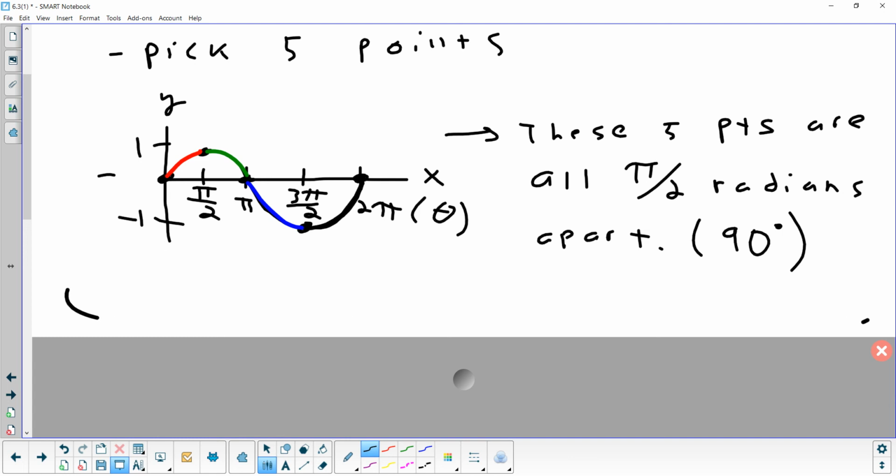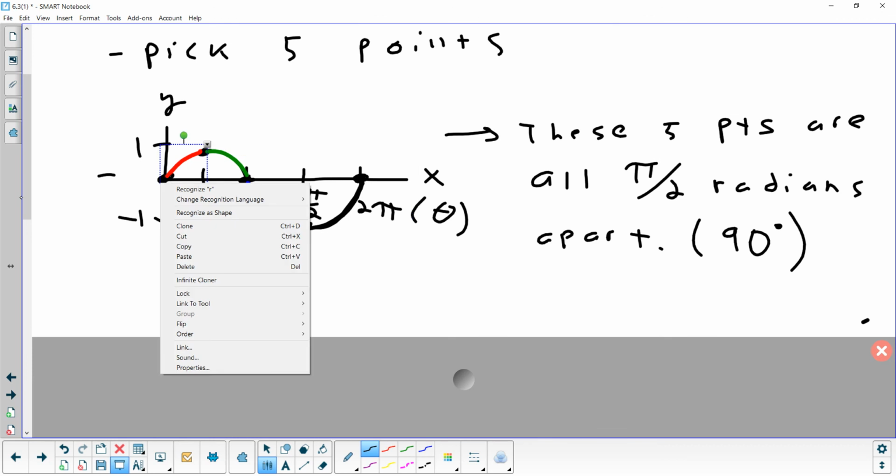Specifically, what you guys will be graphing is the first positive cycle for sine. Here is the first positive cycle, along with the first 5 points in that cycle. All I'm going to want to know when you do a transformation is what happens to these 5 points. That's it. Just those 5. So let's write down what these 5 points are.